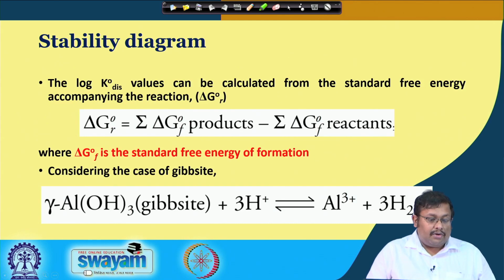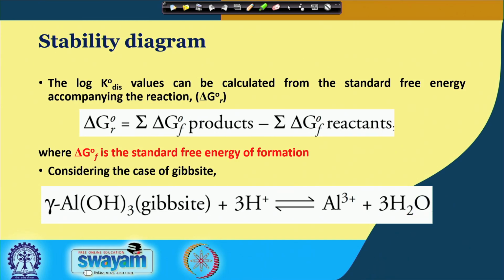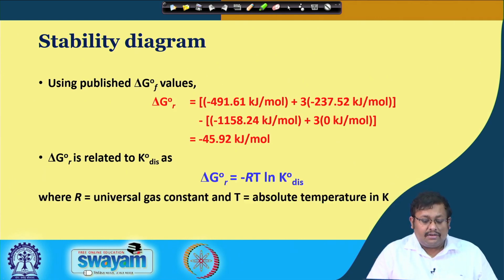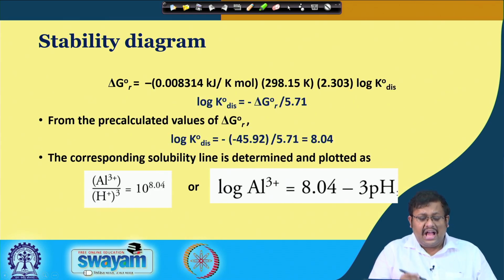And then we have talked about the standard free energy of formation, and how it can be used to calculate the free energy accompanying the reaction. From there, considering the reaction of gibbsite with the proton, we can calculate this delta G0 R, and from there we can get the stability diagram.